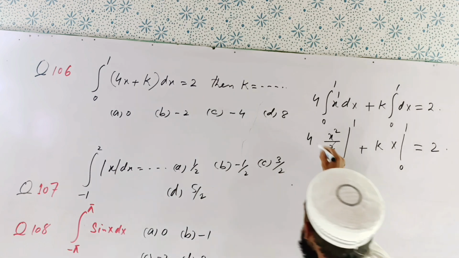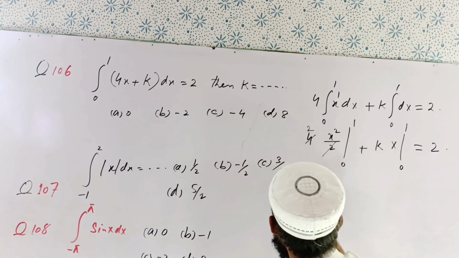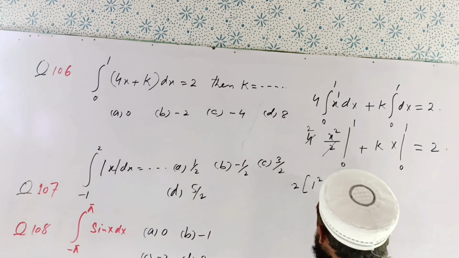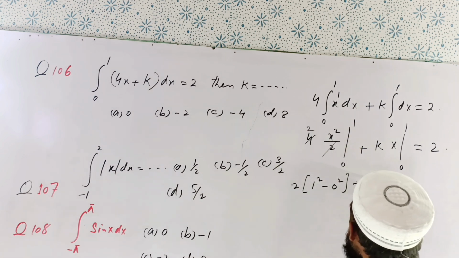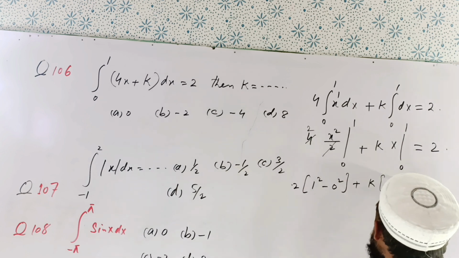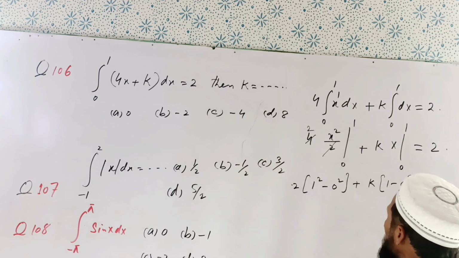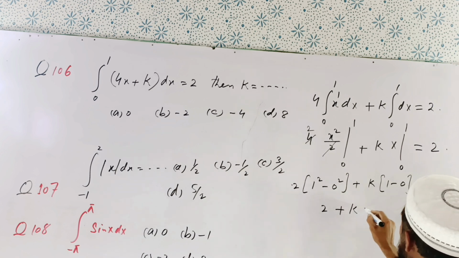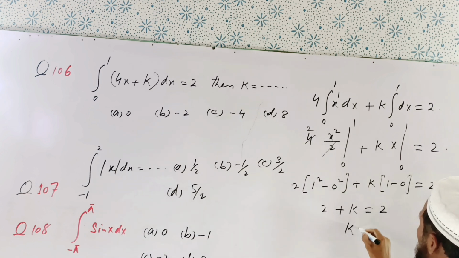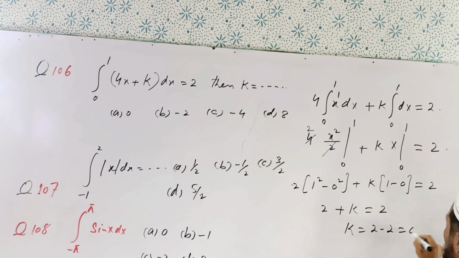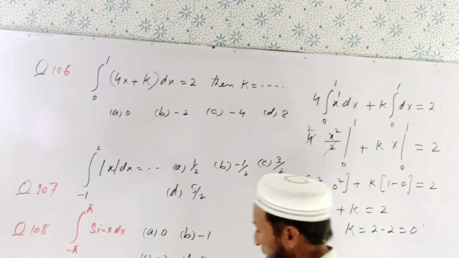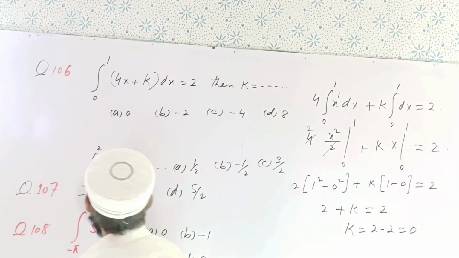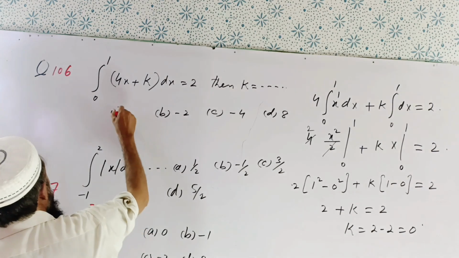Now this 2 will be cancelled, so we get 2 times 1 square minus 0 square plus k into 1 minus 0 is equal to 2. Here we get 2 plus k is equal to 2. K is equal to 2 minus 2 is equal to 0. So option A is the correct option here.